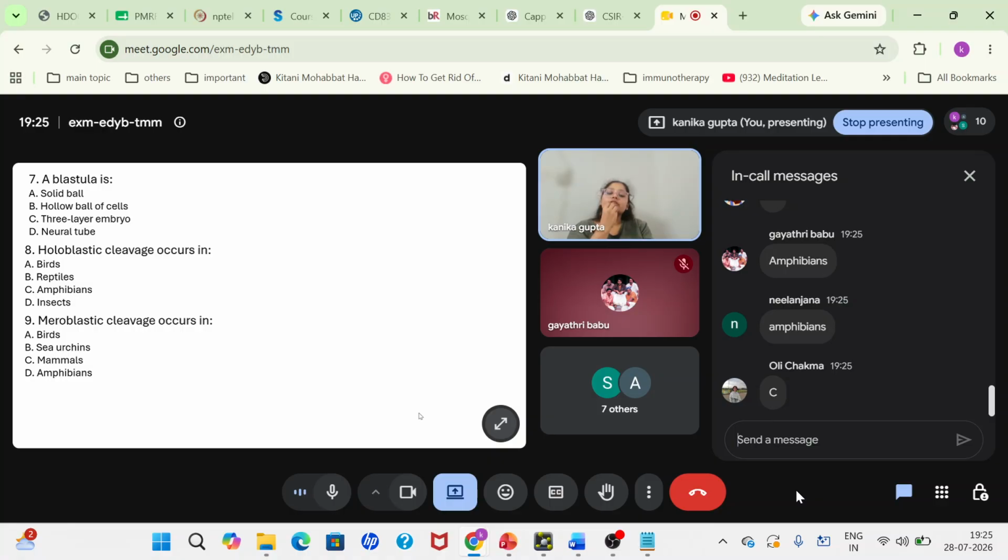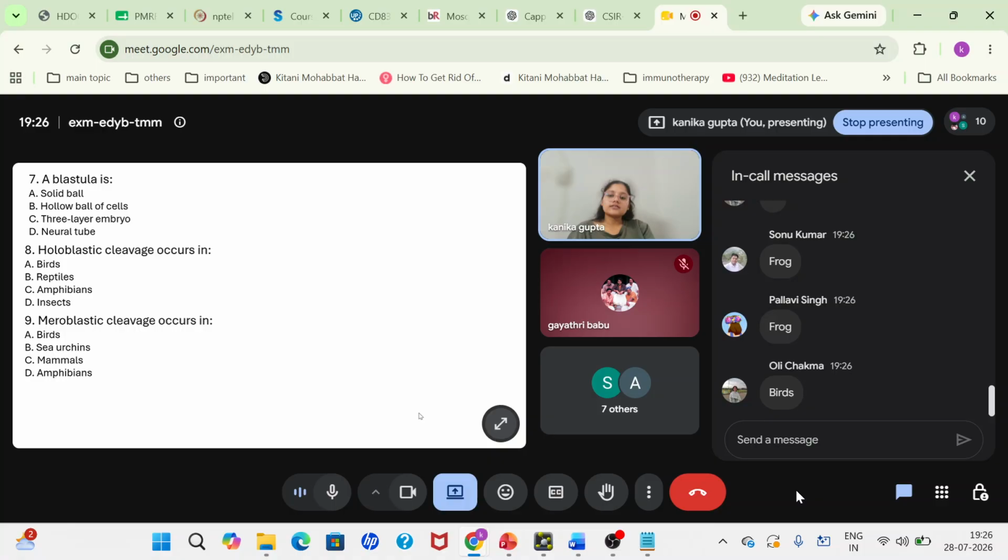And amphibians include what? What kind of organisms come under amphibians? Can you give me an example of amphibians? Frog, right. Next question. Meroblastic cleavage occurs in. Yes.